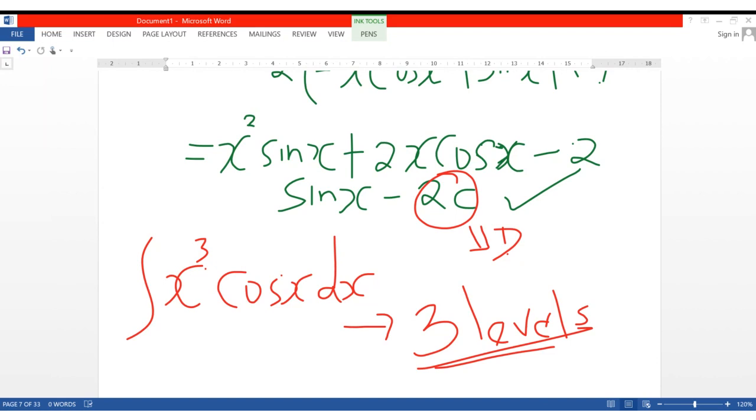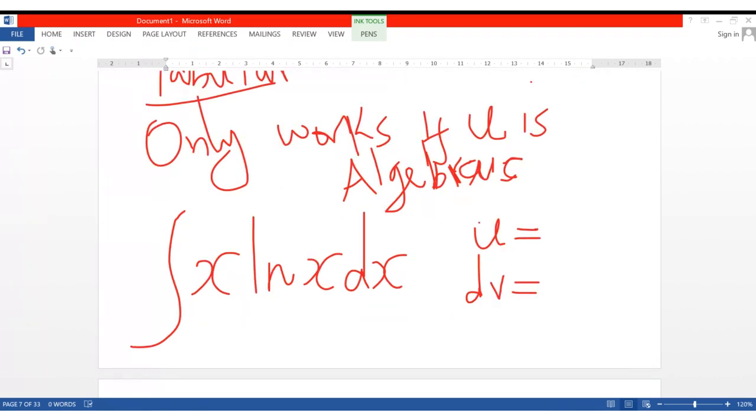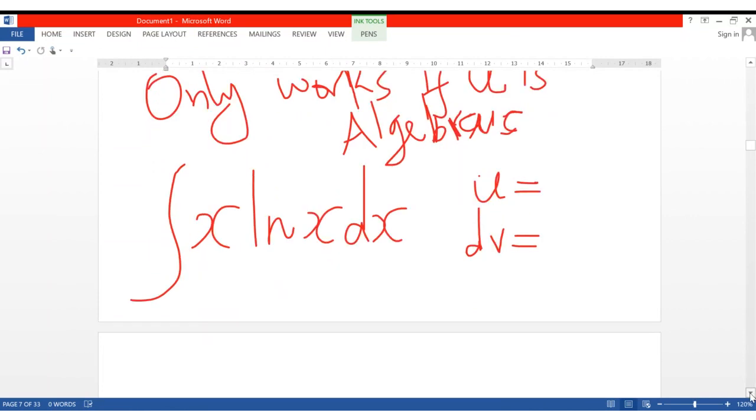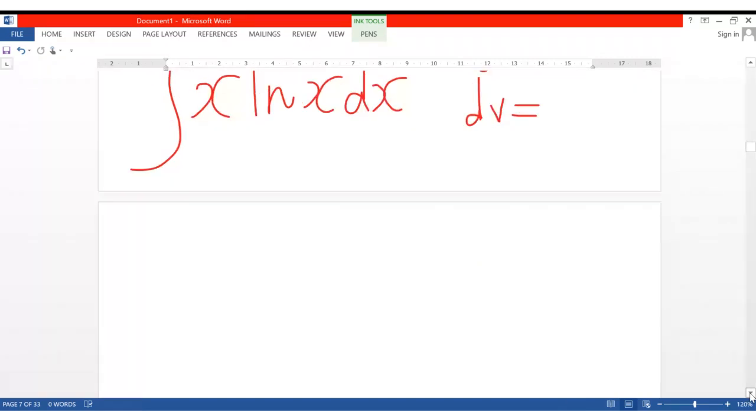Because I want now to go to another example to see if the tabular method will work. We have said that for the tabular to work, it only works when u is algebraic. So let's see, we have LIATE now.